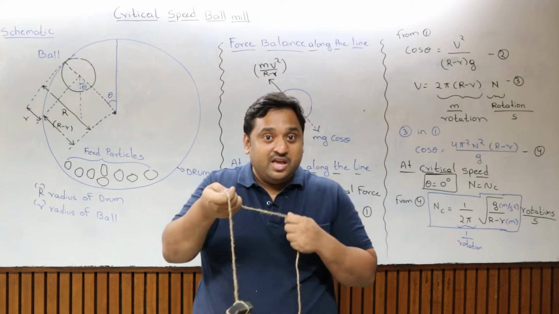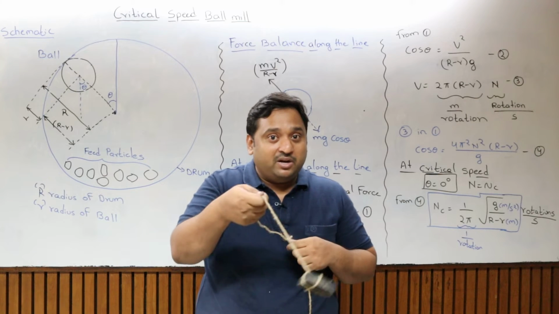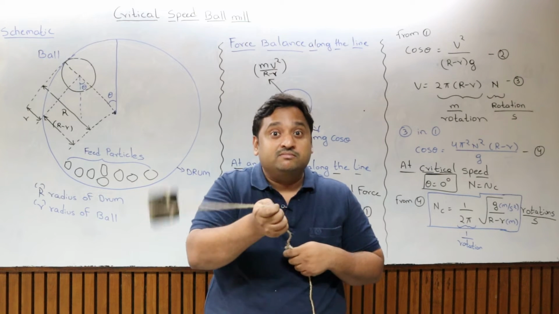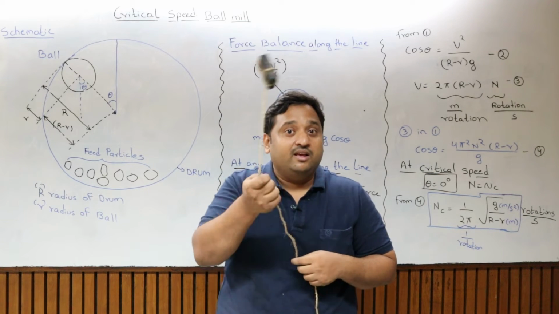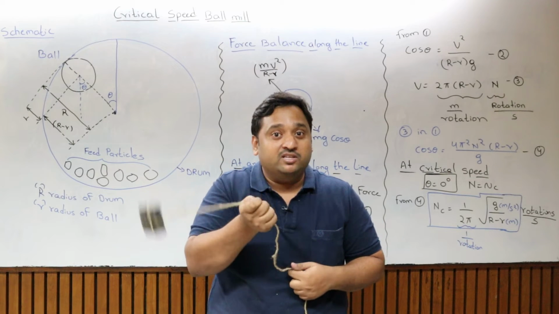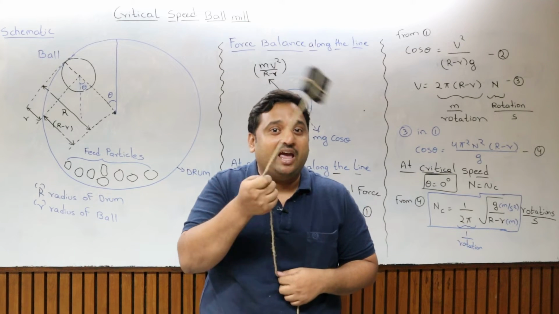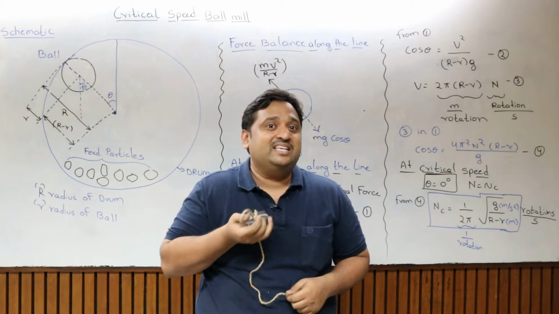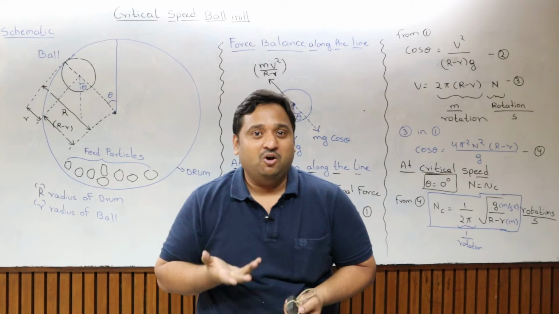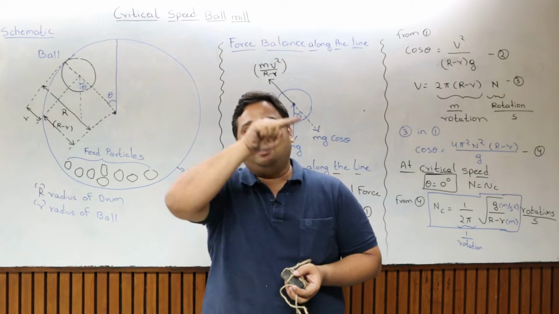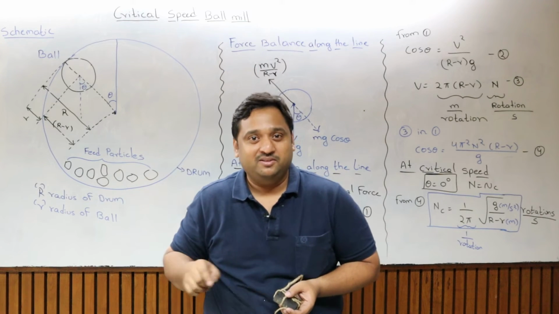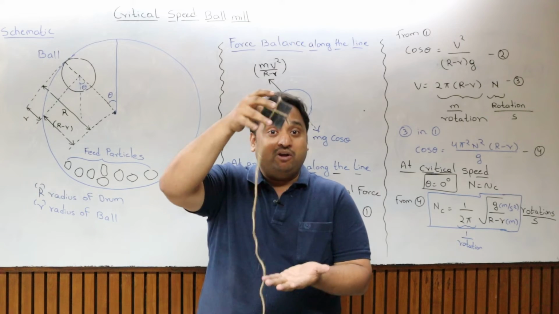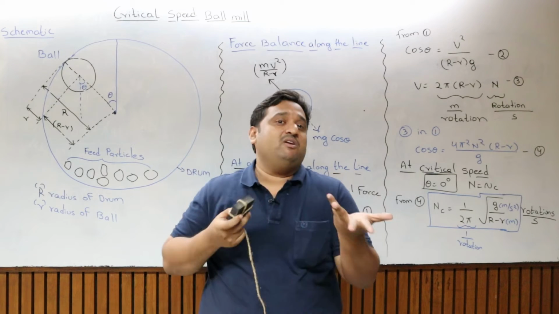What happens if I rotate this drum at very high speeds? There is no dropping of the ball; the ball is getting rotated along with the drum. In such cases, the ball won't fall down, it just rotates like a satellite revolving around the earth. When the ball does not fall down, the material will not be crushed.